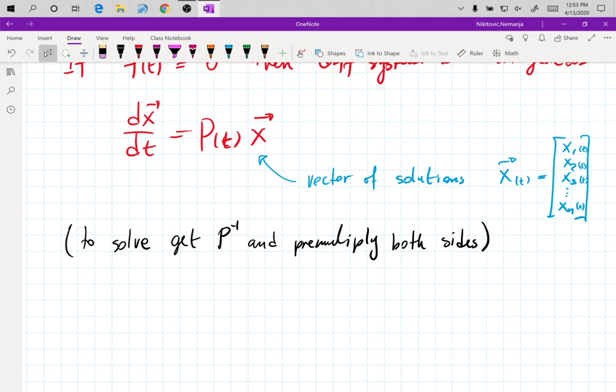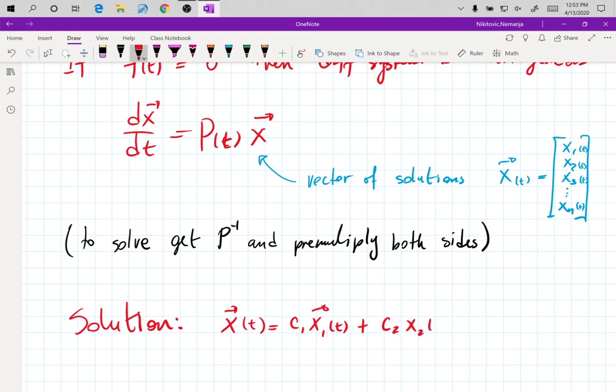So now the solution, right, is going to be x of t is c1 x1 of t plus c2 x2 of t plus dot dot dot cn xn of t.